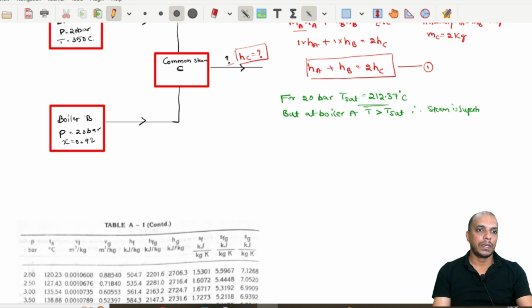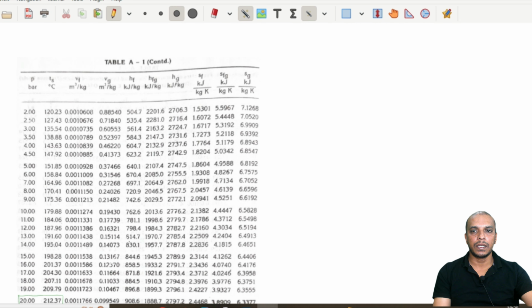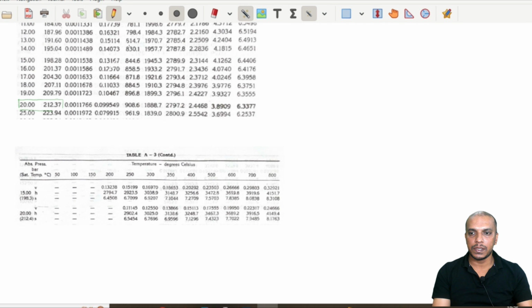And we know if the steam is superheated, we must see the superheated table. In the BT Nijaguna data handbook, this is table A3. So, I will go to table A3. For 20 bar, you have listed volume, enthalpy and entropy.